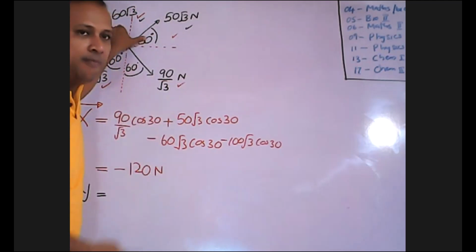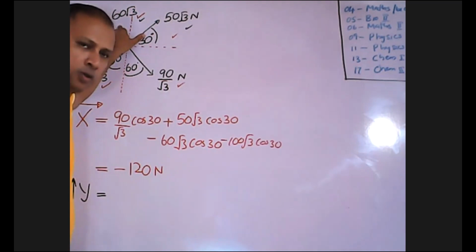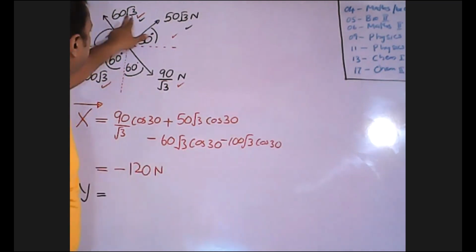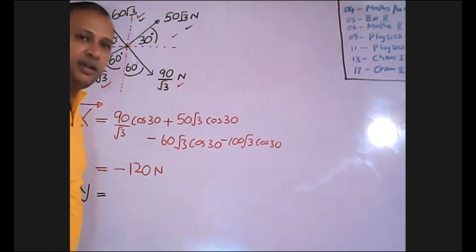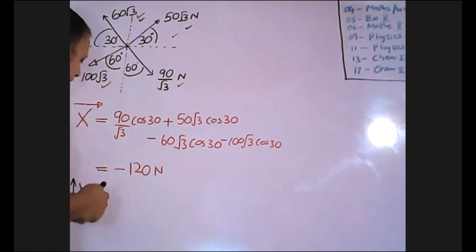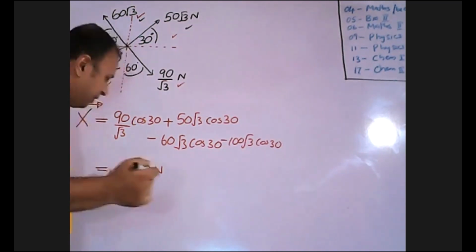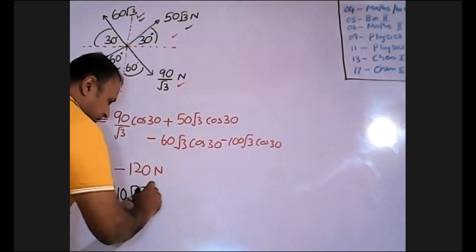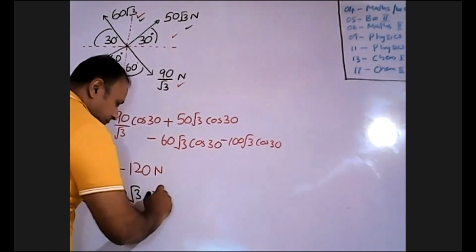But cos 60 is a common factor for both, no? If you take cos 60 out, that means 50 root 3 should be added to 60 root 3. That means 110 root 3. So I can write it once: 110 root 3 cos 60.